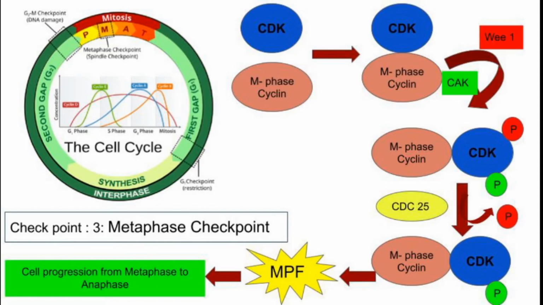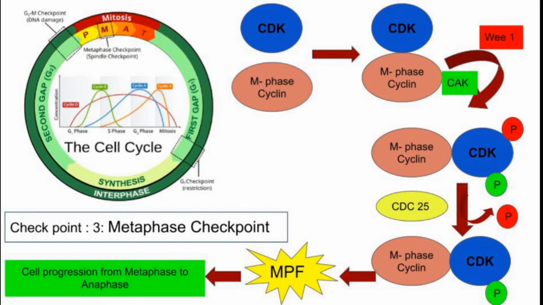When the CDC25 protein, which also acts as a phosphatase enzyme, removes the phosphate which is added by the WEE1 protein, then only this M phase cyclin and CDK complex becomes activated.